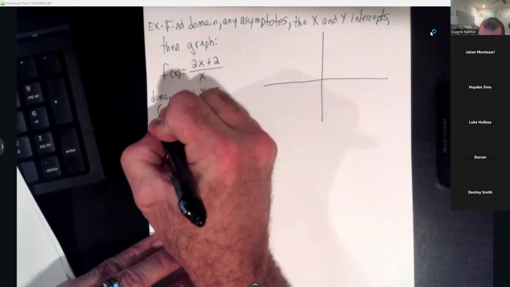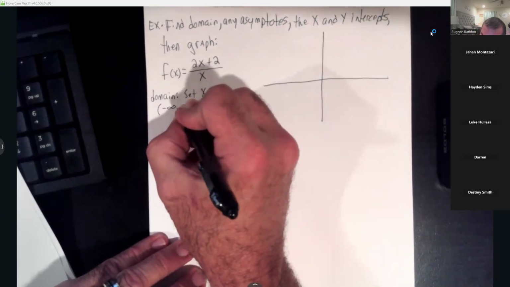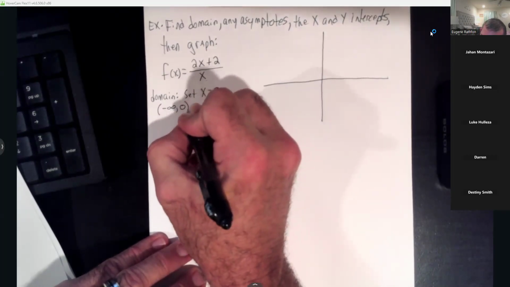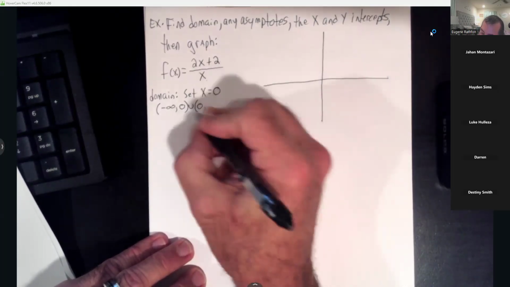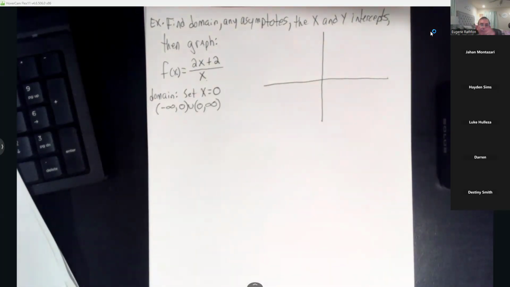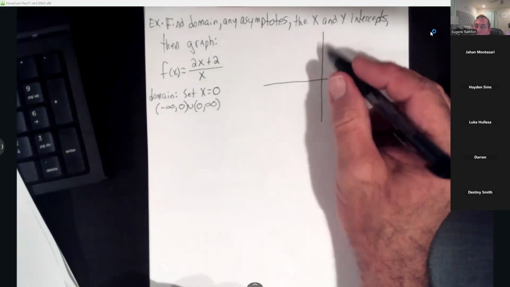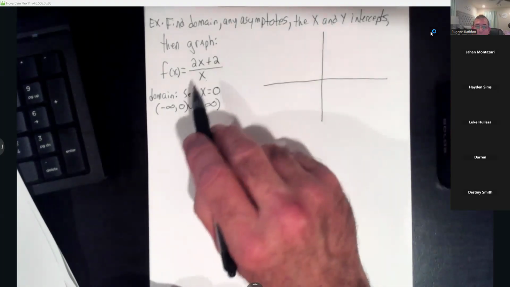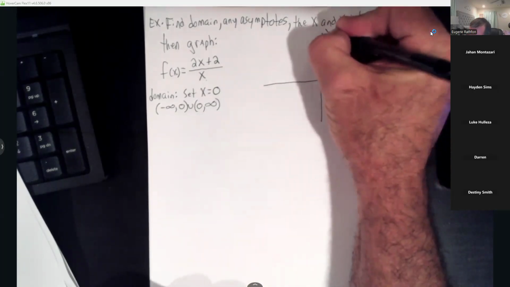So that's going to look like this: negative infinity up to 0, then we union around 0 to kick it out, and then from 0, we're good to positive infinity. So we won't be able to put anything on that y-axis there because that's where x is 0, and this thing's undefined there.